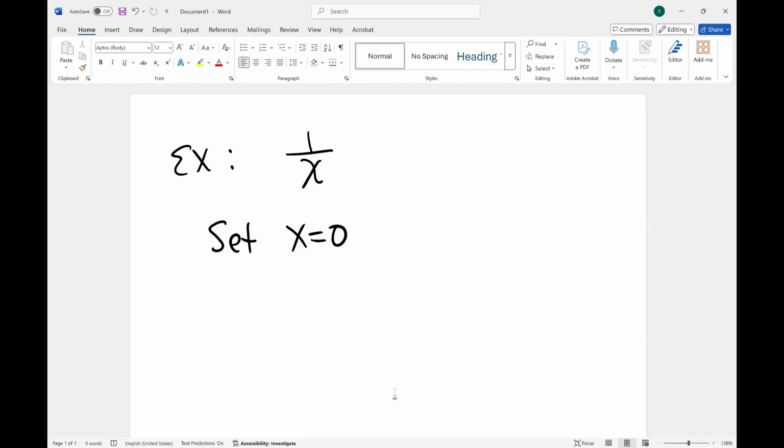That's what x would have to be, because if x was 0, I'd have 1 divided by 0, and we would have an expression that's undefined. So my domain is all values of x such that x is not allowed to be equal to 0.